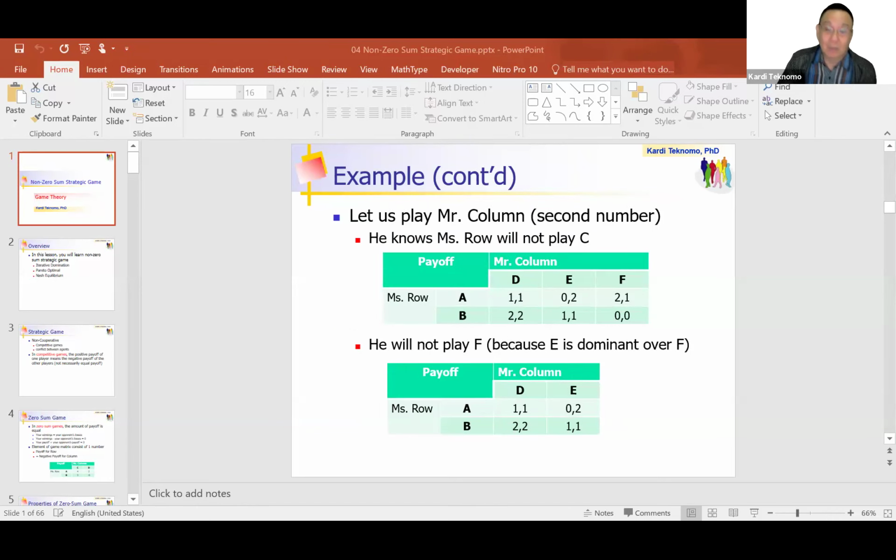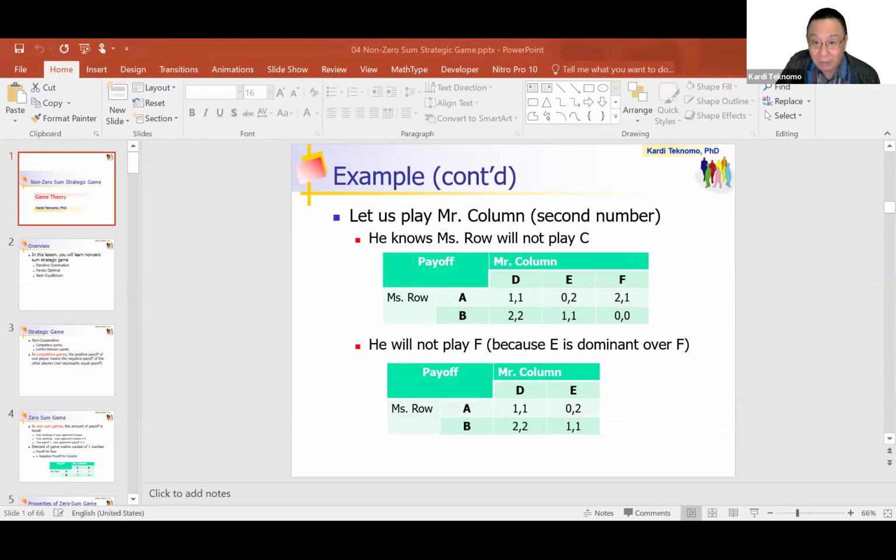When you play as Mr. Column, you look for the second number, and you compare between columns. So 1 and 2, and then 2 and 1, you cannot.